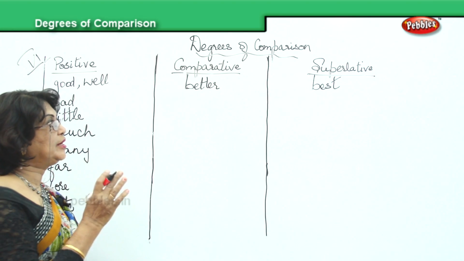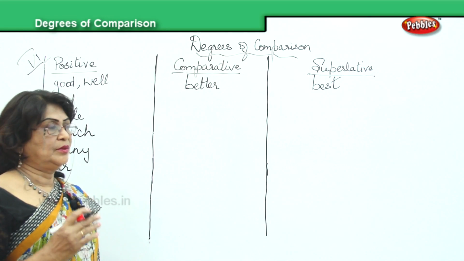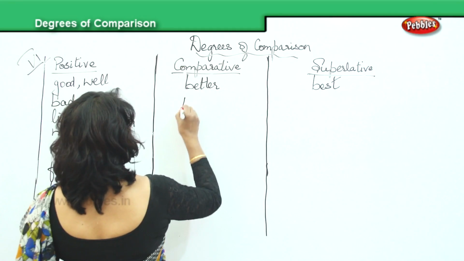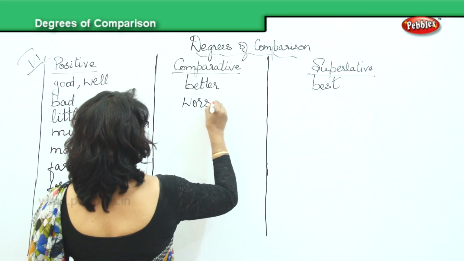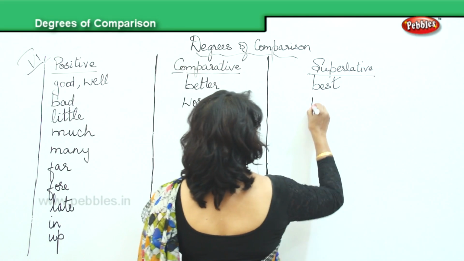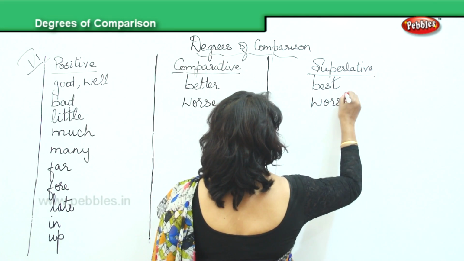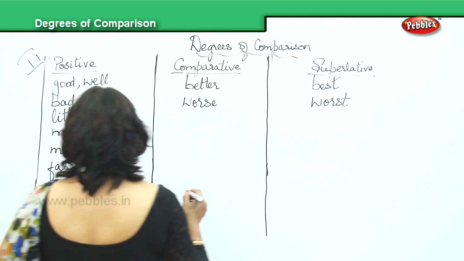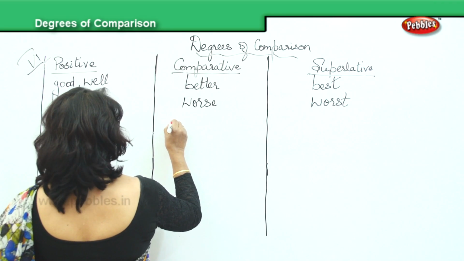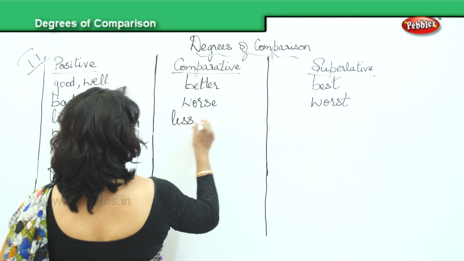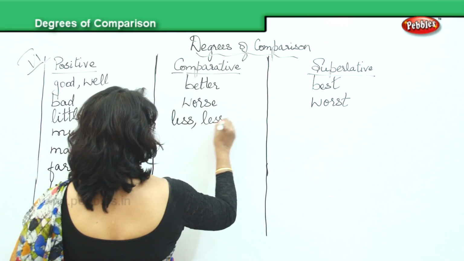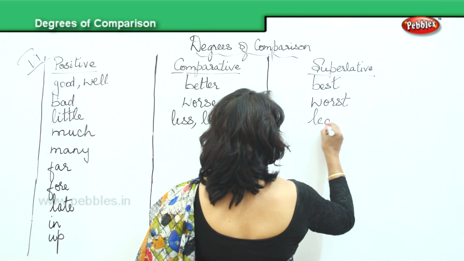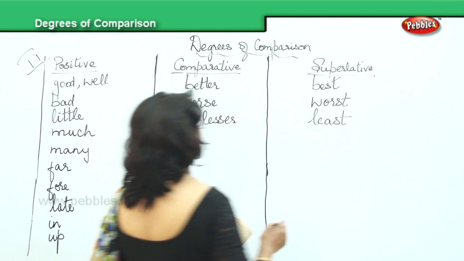And before superlative, we always use THE when we talk in a sentence. Bad, worse, and worst. Little, we say less or lesser, and least, least of all.